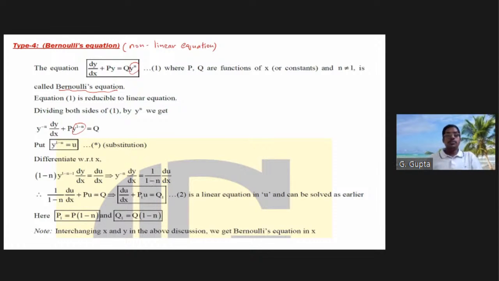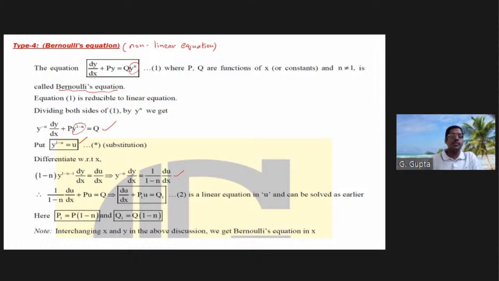Substitute this term in equation 1, in this equation. You will get y to the power minus n dy by dx, which is 1 upon 1 minus n du by dx, plus p into u is equal to q. We are almost at a linear equation.